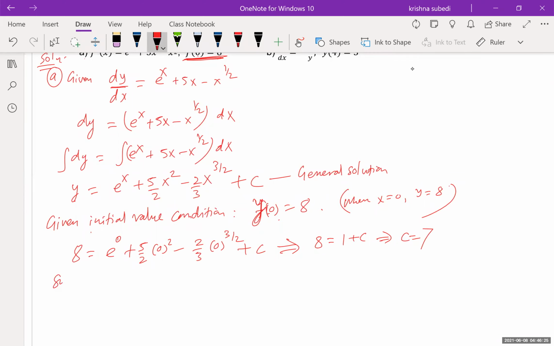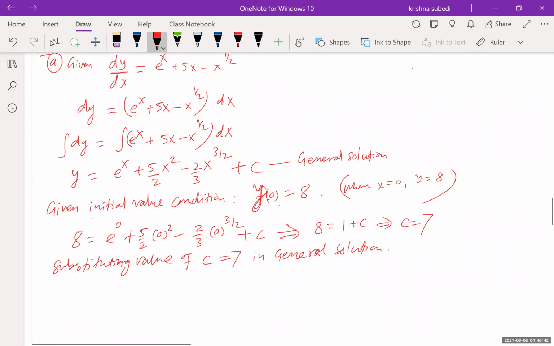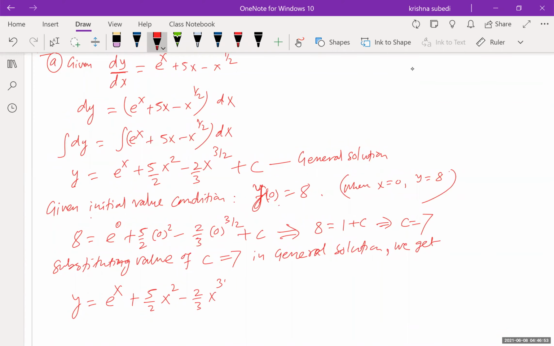Okay, now substituting the value of c equals 7 in the general solution. So what we get is y equals e to the x plus 5 over 2 x squared minus 2 over 3 x to the 3 over 2, and plus c, which is 7.